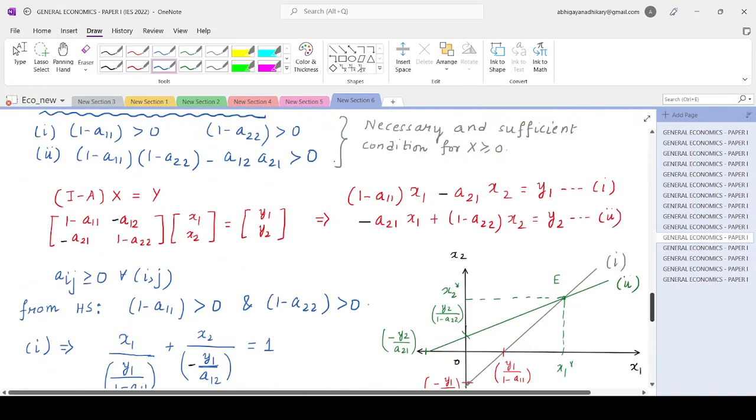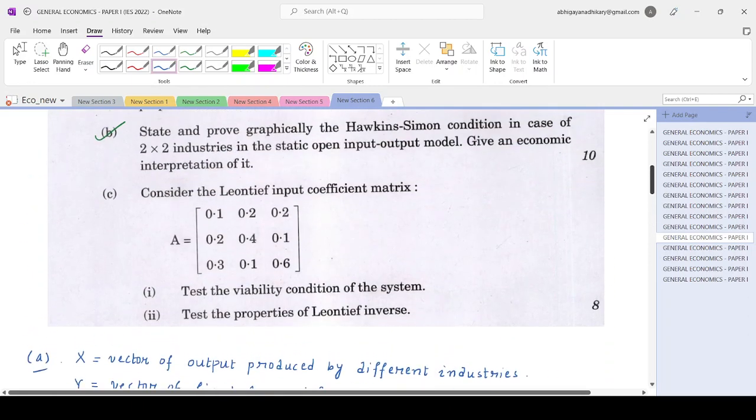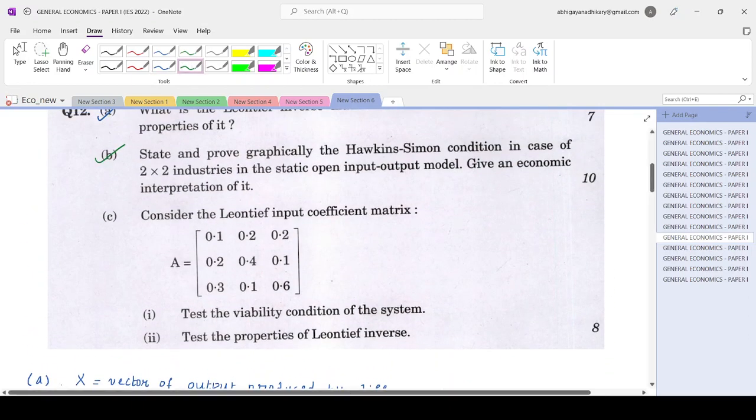So now coming to the next part of the question, which is part C. Consider the Leontief input coefficient matrix as follows. Test the viability conditions of the system and test the properties of the Leontief inverse. So there are two things.